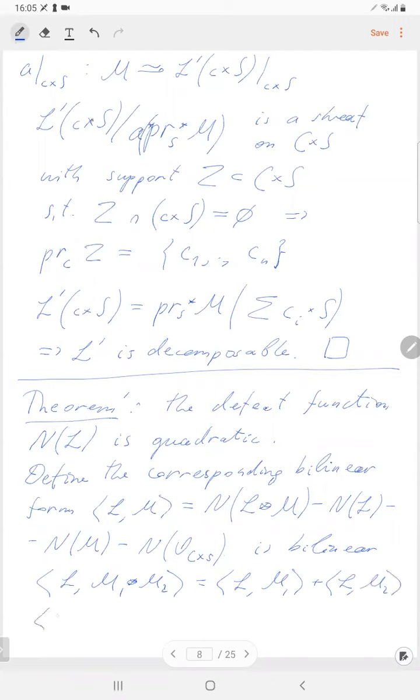And also, if I take L1 tensor L2 and pair it with M, I get the pairing of L1 with M plus the pairing of L2 with M. And also the initial degree function is just one half of the pairing of L with itself.